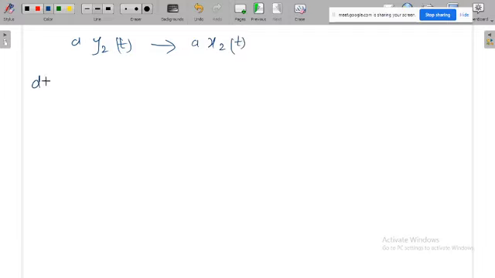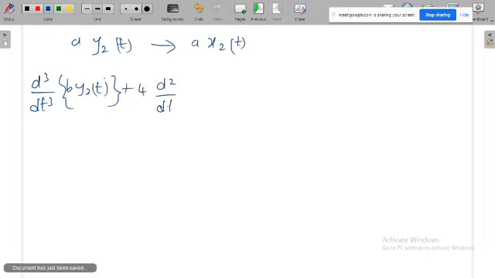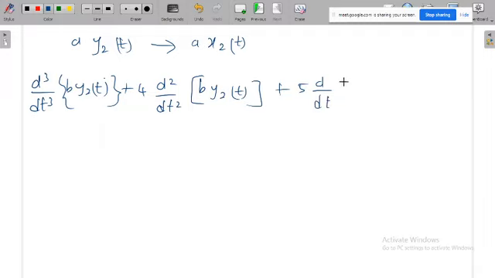Then d cube by dt cube b y2 of t plus 4 d square by dt square b y2 of t plus 5 d by dt b y2 of t, plus b y2 of t is equal to b x2 of t.